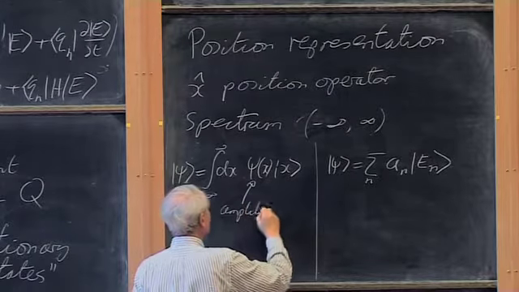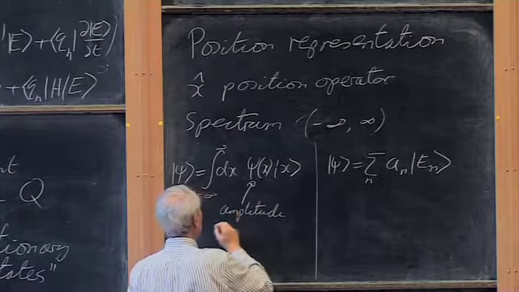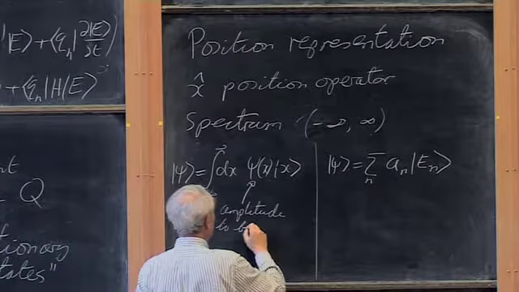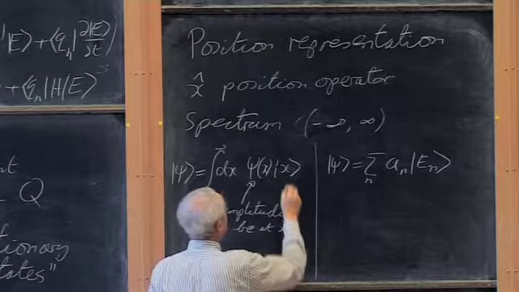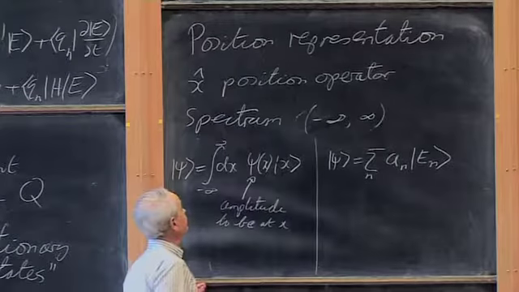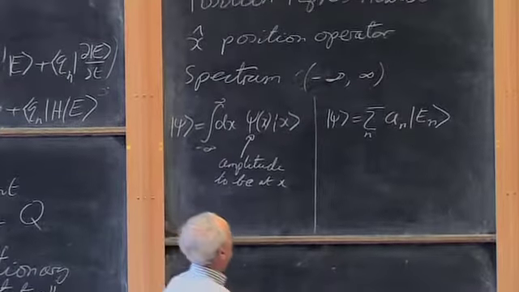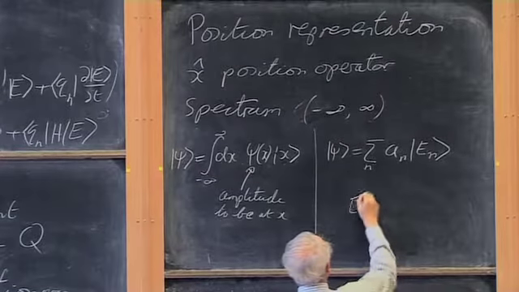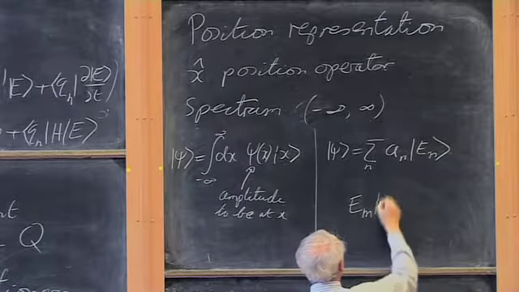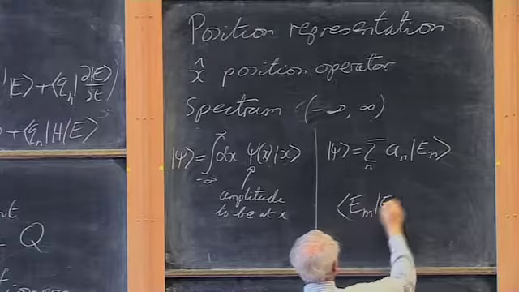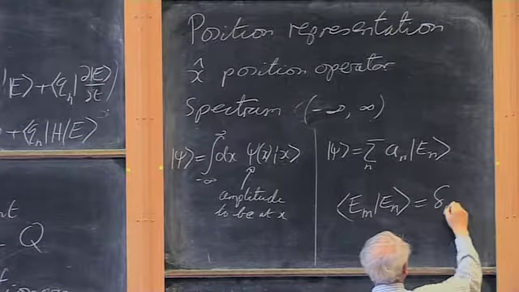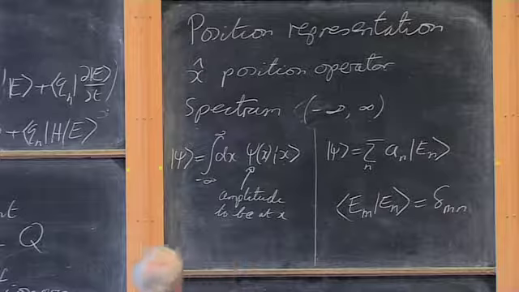Amplitude to be at x, and this is the state of being at x. We used to have that the bra en times the ket em equals delta nm. What are we going to have now?